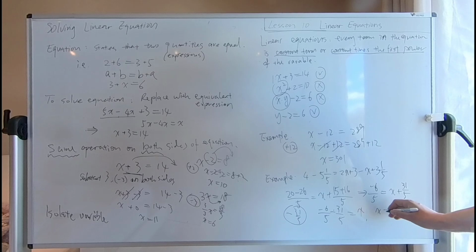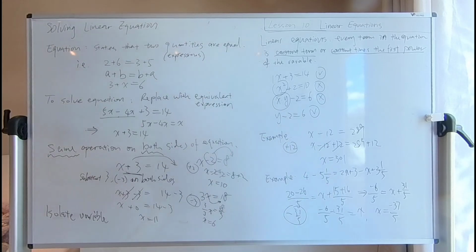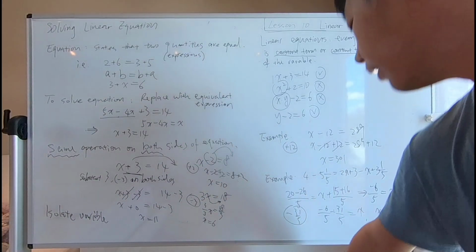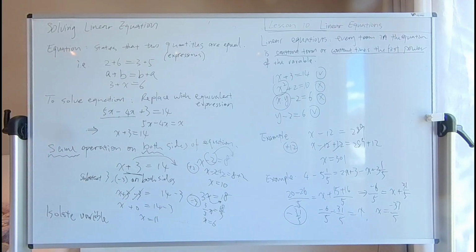So my x is minus 37 over 5. I've been isolating my x by operating the same subtraction on both sides of the equation to solve that.